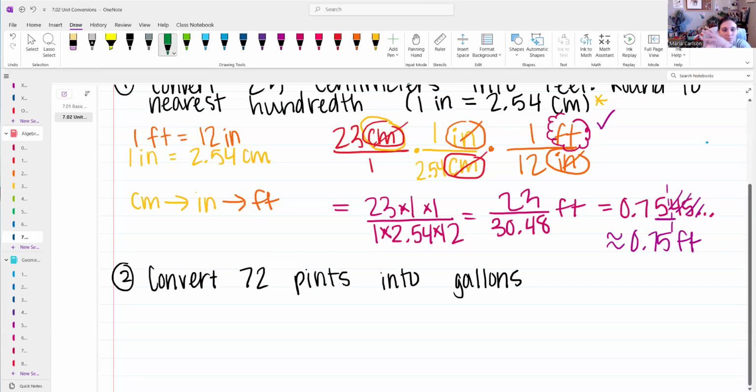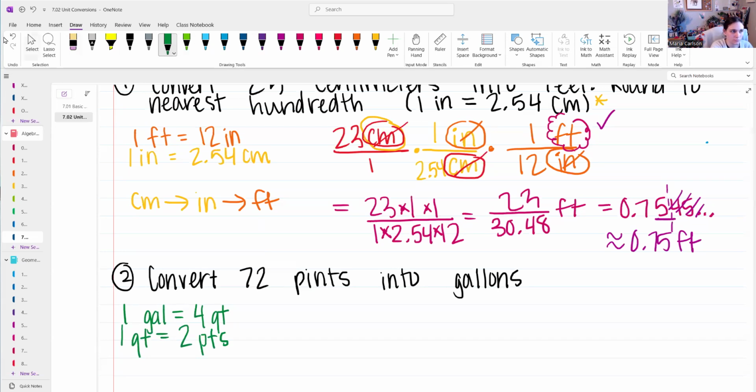A gallon is bigger than a pint, so I'm going to start with my biggest unit. And I know in 1 gallon, I don't know how many pints that is, but 1 gallon is 4 quarts. And 1 quart is 2 pints. Or just PT.